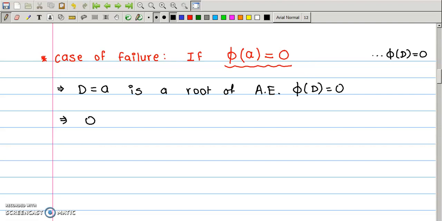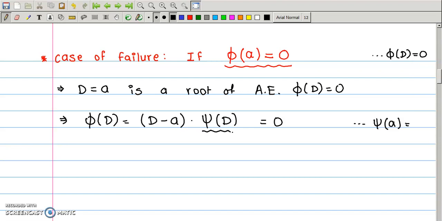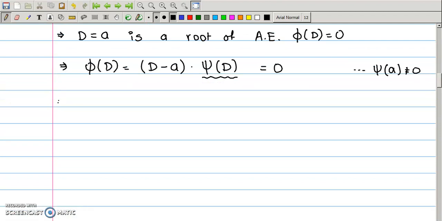Means we can rewrite the auxiliary equation as a linear factor d minus a into some polynomial in d. So this is one root equal to 0, isn't it? Now we check, after replacing d by a in this new polynomial psi of d, if this is a non-zero term, then what happens with the particular integral?